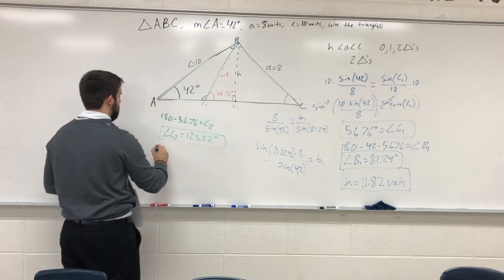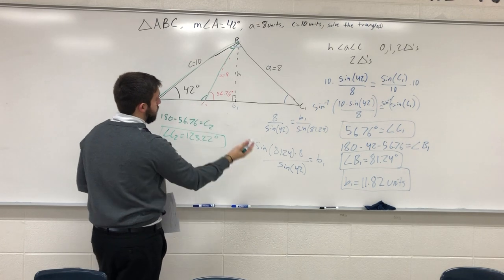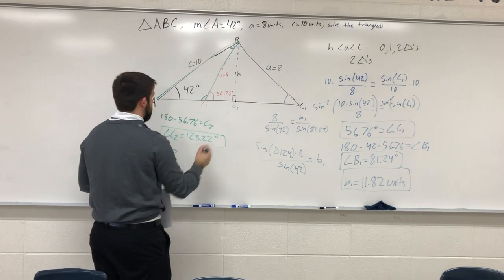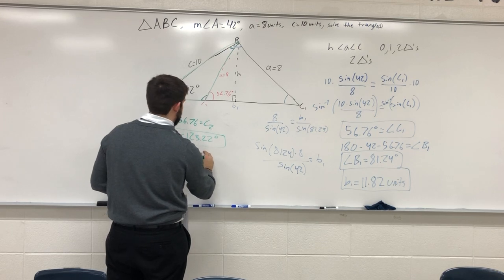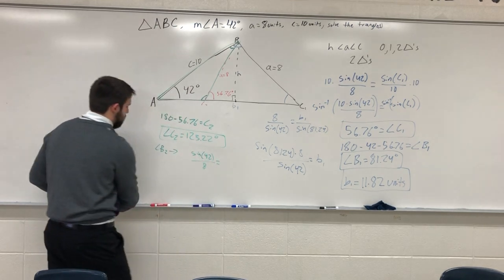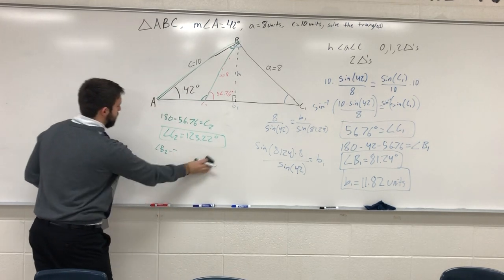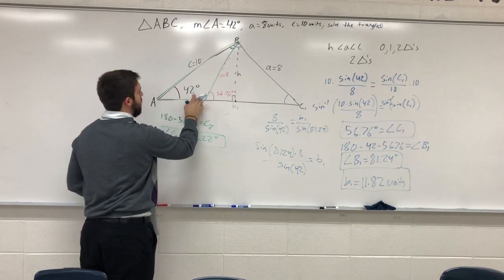So I'm going to have a separate B2 angle. And the way I calculate that, same thing with my law of sines, I'm going to take my sine of 42 over 8. To find B2 actually, I have 2 angles in my triangle, so I have A and C2.